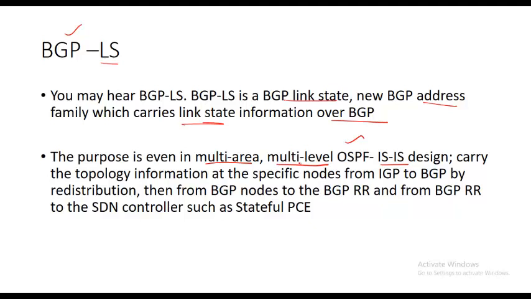Carry the topology information at the specific node from IGP to BGP by redistribution. After that, you can take from BGP, it will go to another BGP node. Maybe it will go to a route reflector, and from the route reflector, it will go to other BGP neighbors, or it can be sent to some controller.